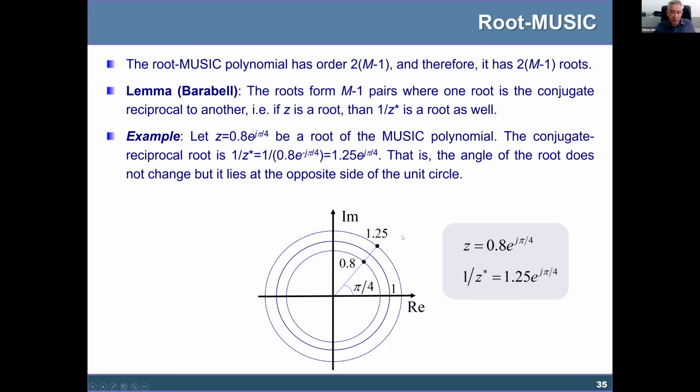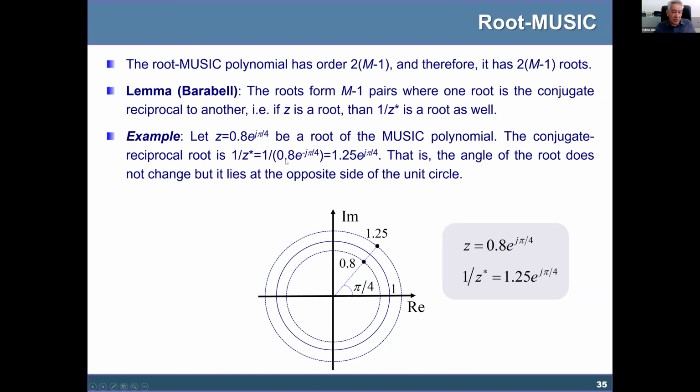And the relationship is the following. For any internal root in z, there is one in reciprocal conjugate position. So if z is a root, also 1 divided by z Hermitian is a root. For example, if there is a root for this value of z, modulo 0.8 and phase pi over 4, there is a root at 1 divided by z conjugate.